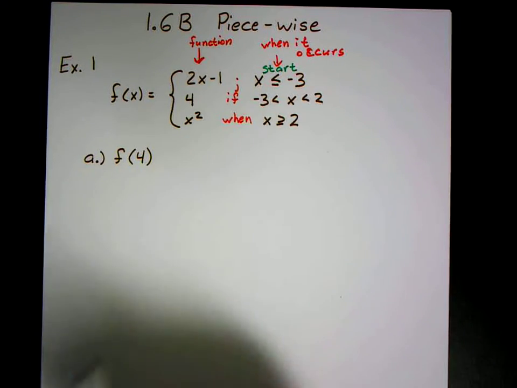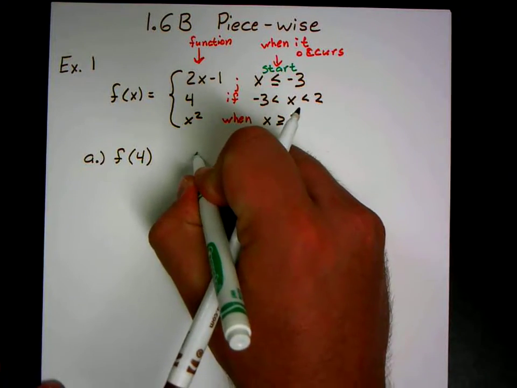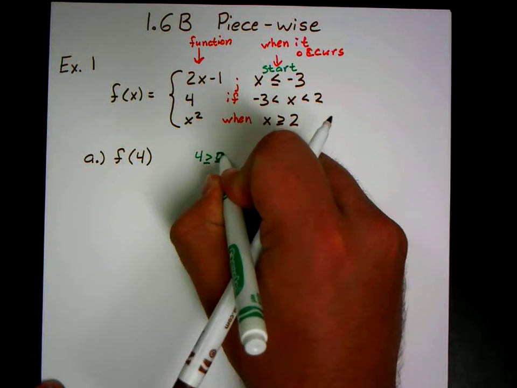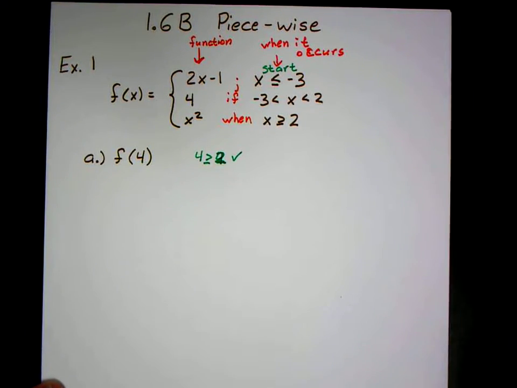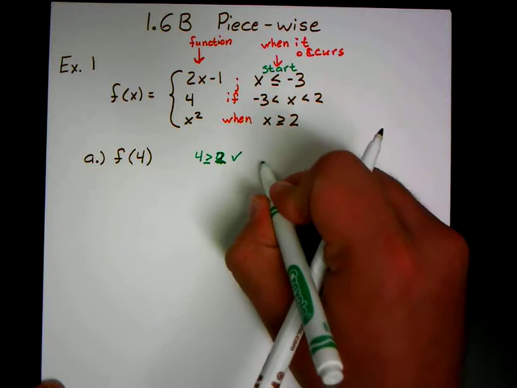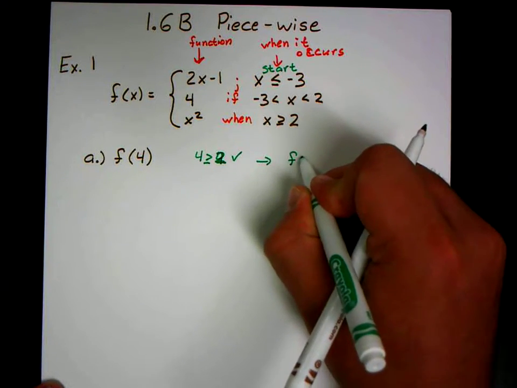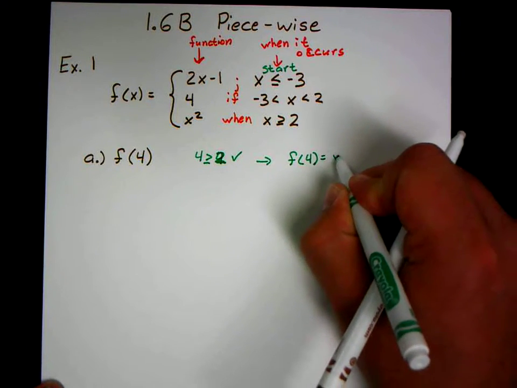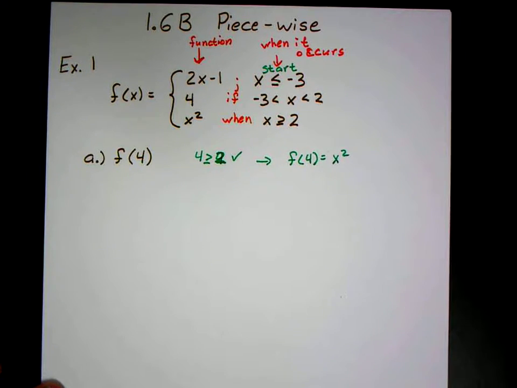So 4 is greater than or equal to 2. That's the one that works. So what that tells us is that we're going to use this function here. So we can only use one of the functions at a time.